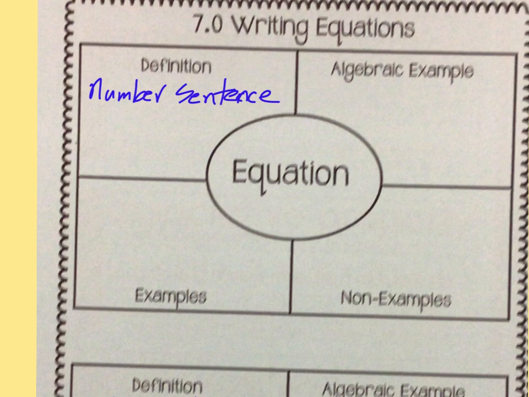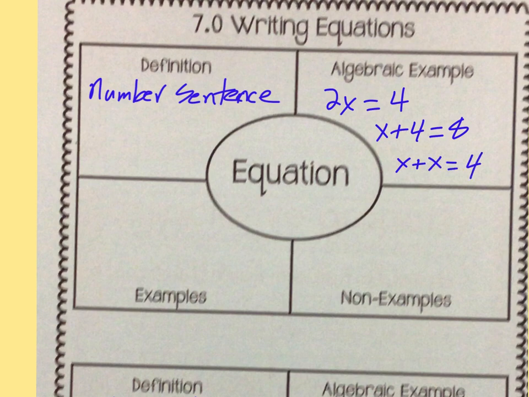Some algebraic examples of an equation are like 2x equals 4, x plus 4 equals 8, and let's see, x plus x equals 4. So these are algebraic examples.